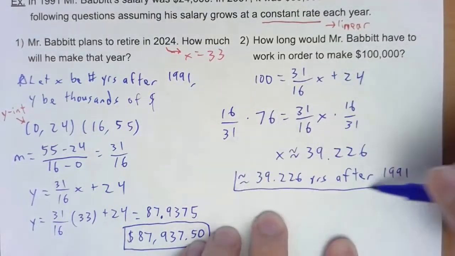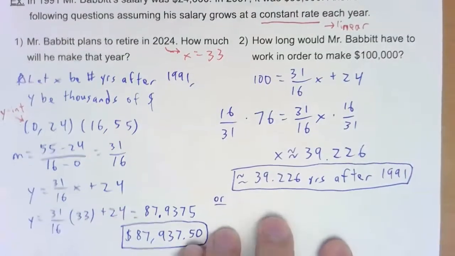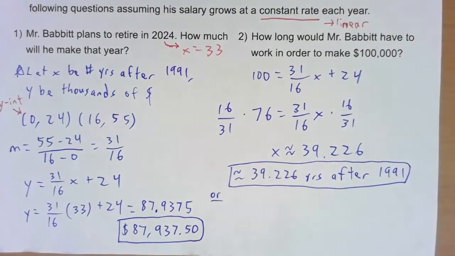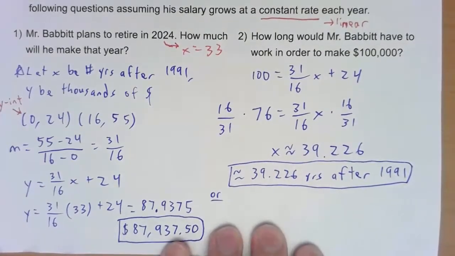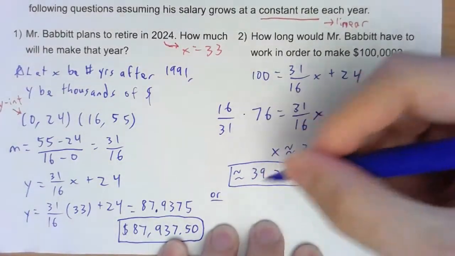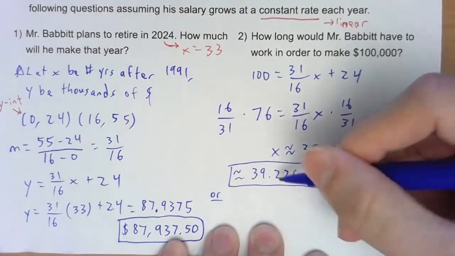That's one way you could say it. That's perfectly fine. Another way you could do it is take a look at, well, what year is that? So you could say, all right, take the 39, add it to the 1991, and you would get 2030, a little bit after with that little decimal there.